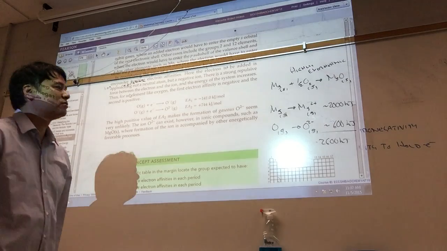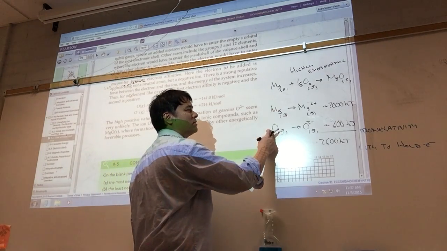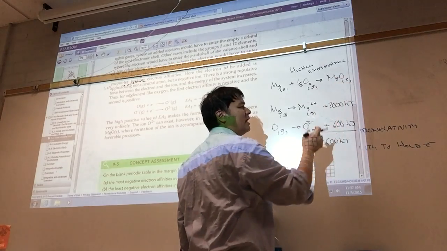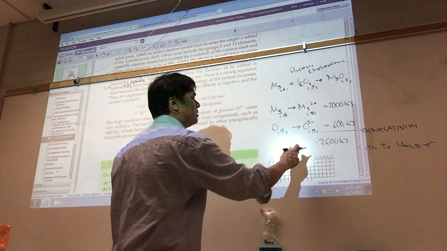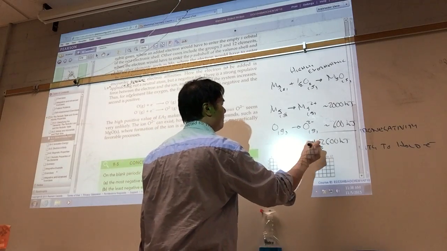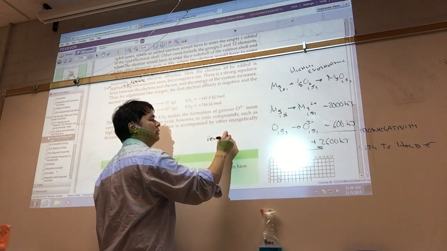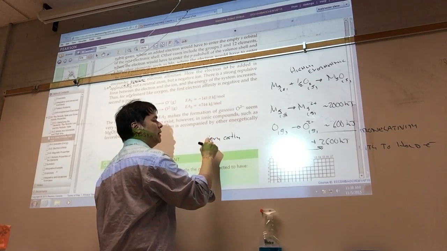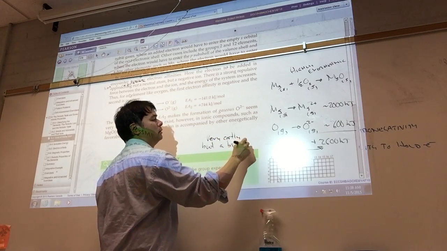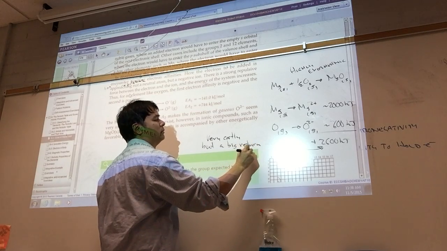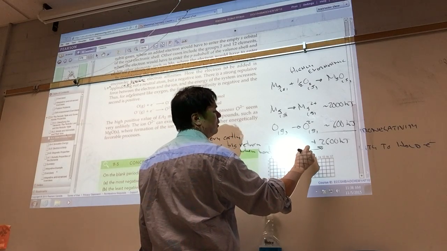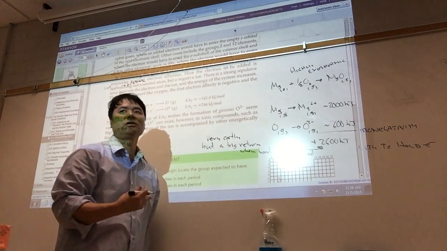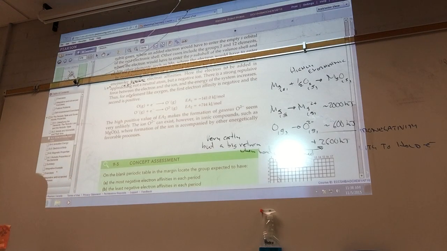The reason the ions form is because of the bonds. When we form an ionic lattice like that, we are going to release a lot of energy. And so this is very costly, but a big return when bonds are formed. This is like an initial investment. You have to invest a lot of money initially, but you're going to get a big return in the end.